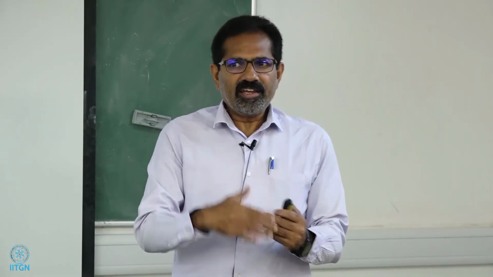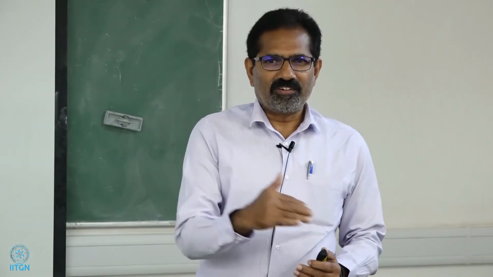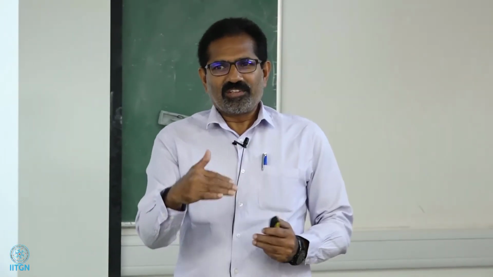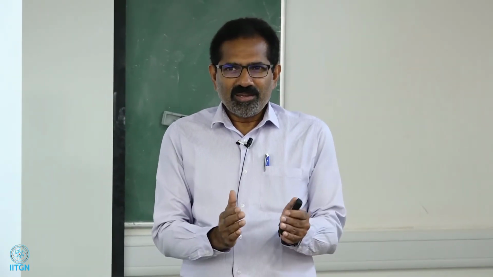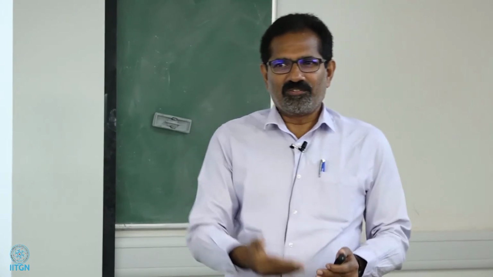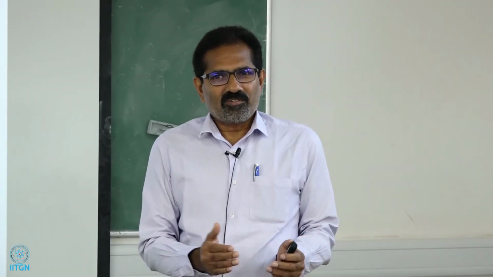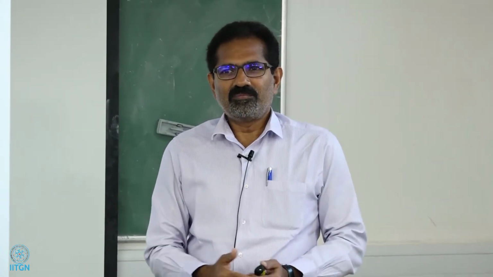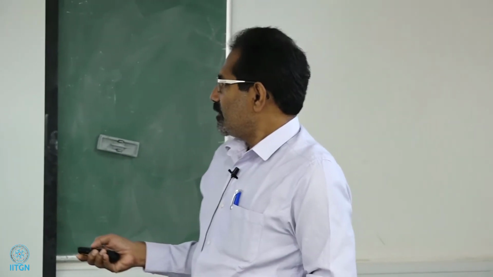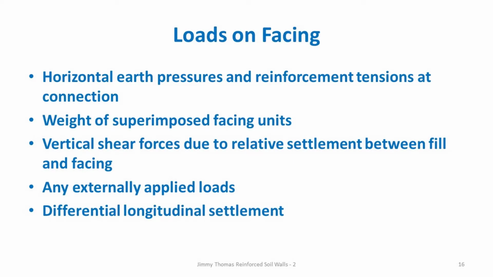But like any system, there are certain gray areas. Not everything is very specified, or people don't check thoroughly. So sometimes we are tempted to take advantage, to experiment and innovate. In that process, our objective is mainly to reduce cost, but sometimes you end up in problems like failures. So this is one area where we need to be very cautious.